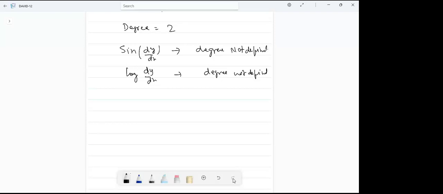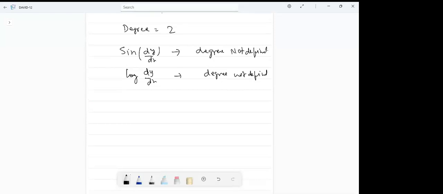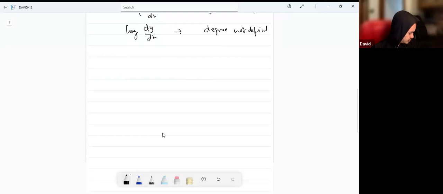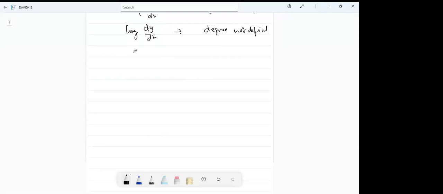Now what you have to do is turn over the page to the first exercise, 9.1.